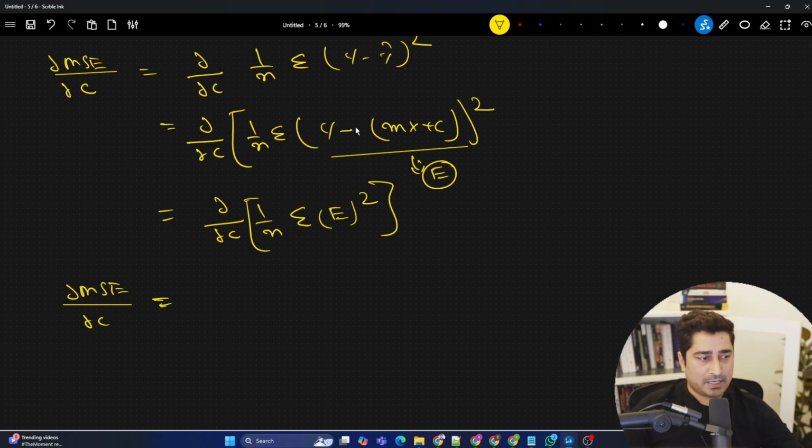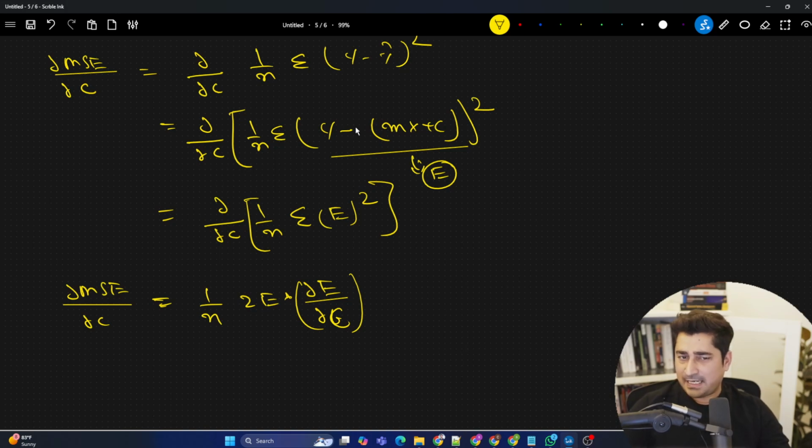I can write it this way: 1 by n, partial derivative, and then 2e into de by dc, with respect to c over here, right? Agree, guys? Till this point, I think we have done the same thing, even in my previous equation. So we have done the exact same thing. Yes, everyone. And obviously summation of all of these.